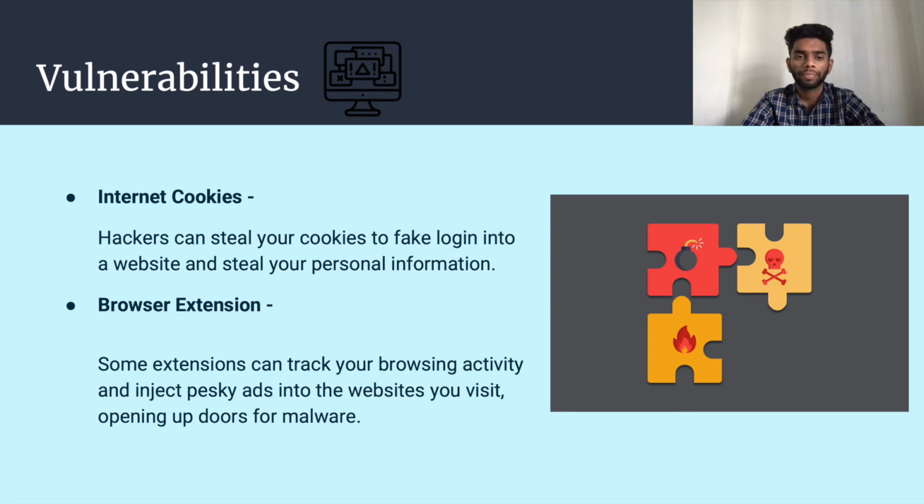Vulnerabilities. There are vulnerabilities that we need to avoid or ignore so that we can browse safely through our web server. First, internet cookies. Hackers can steal our cookies to fake login into a website and steal our personal information. Secondly, browser extensions. There are some extensions which can track our browsing activity or history and inject pesky ads into the websites we visit, which obviously opens the door for malware to our system or our web server.